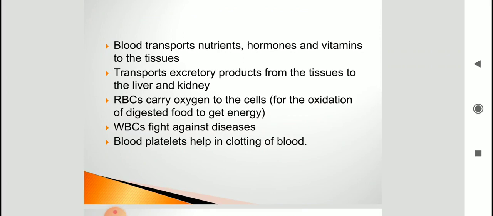And blood platelets are also specialized cells found in the blood, and they help in clotting of blood. Whenever we get any injury or a cut, blood oozes out, and after some time we see that the blood starts clotting. How does that clotting happen? It is because of the blood platelets. They are specialized cells found in blood.